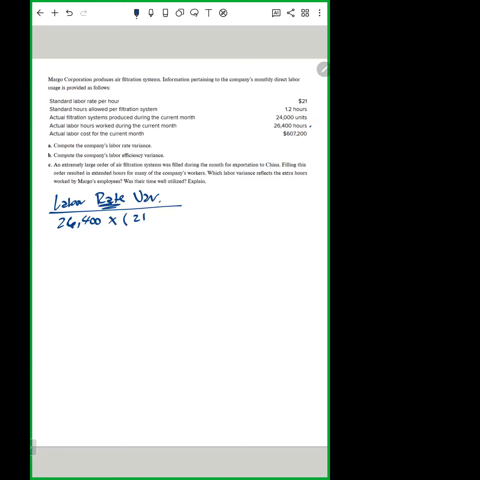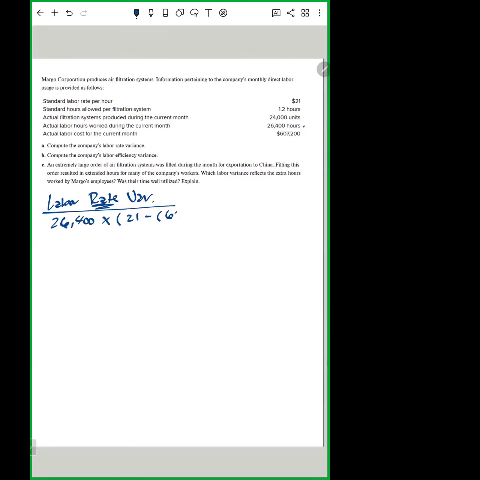And the actual rate, we're going to have to do the math there. It's 607,200 divided by 26,400. All right. So 26,400 times 21 minus, let's do this math. 607,200 divided by 26,400 gives us 23.